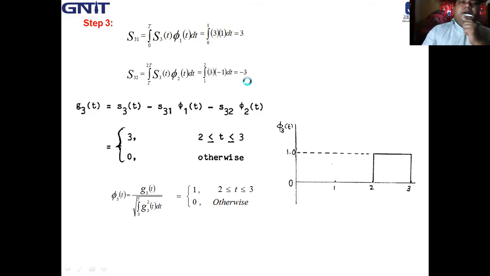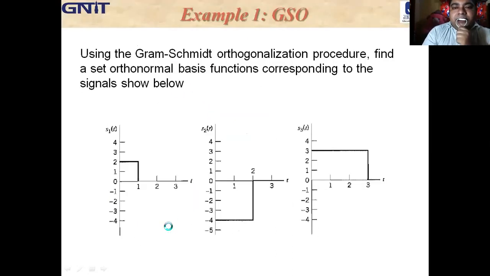So first we determine S31 using the formula: S31 is equal to the integration from 0 to t of S3(t) phi 1(t) dt. Now S3(t) has an amplitude of 3 and it exists for 0 to 3.